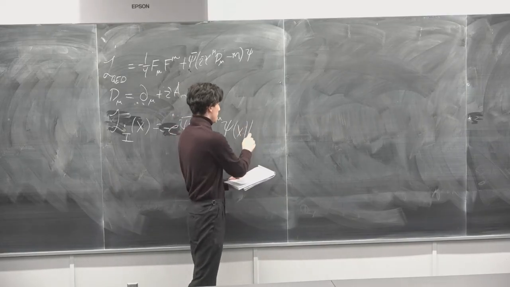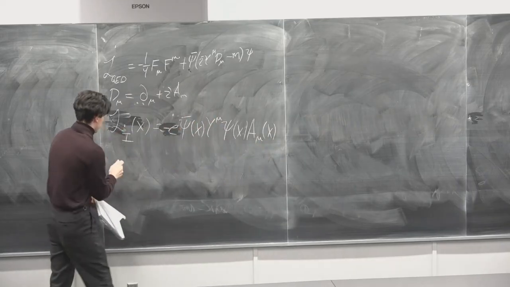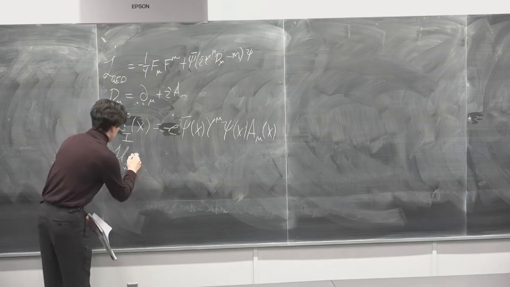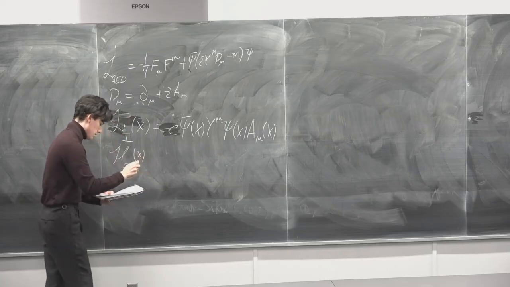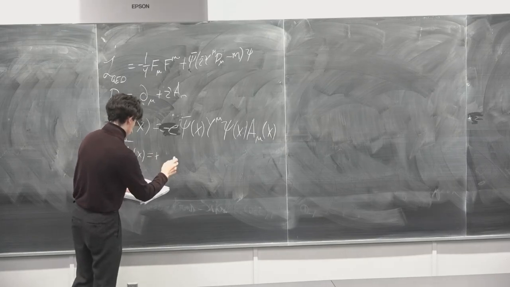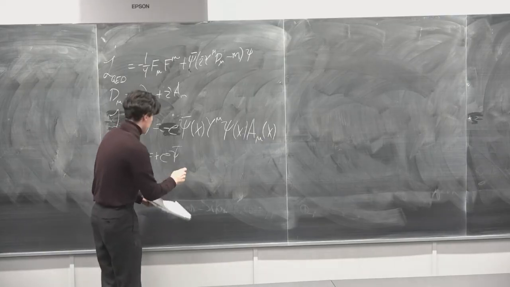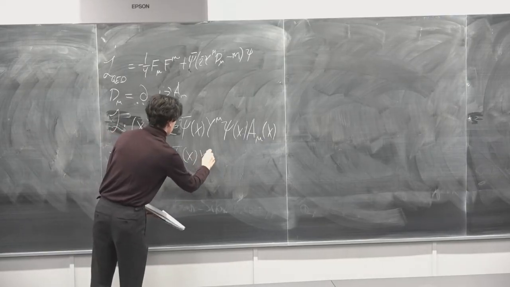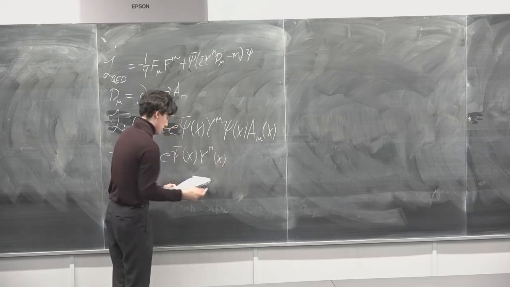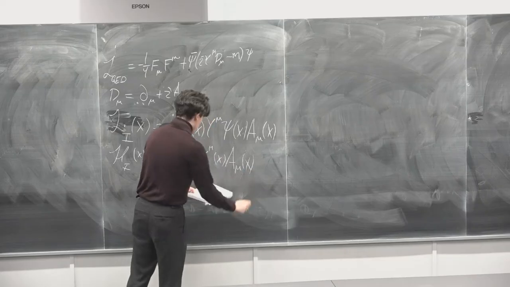So then that's μ(x). So then this will give a Hamiltonian, your interaction as a function of space-time, which is positive e. Now this is up to sign conventions. e, x, μ(x), A_μ(x).